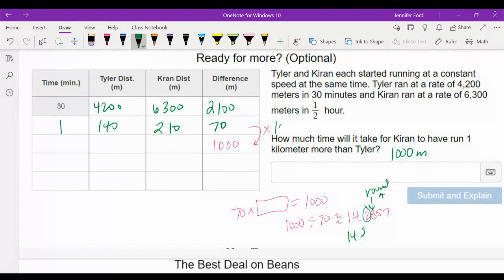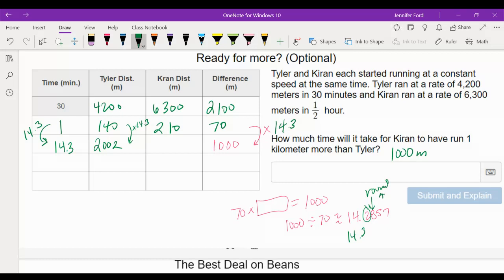So I multiply everything up by 14.3. 140 times 14.3 is 2002.